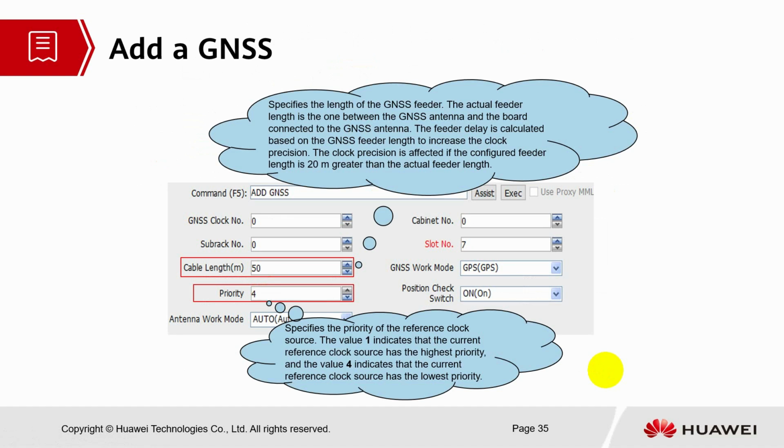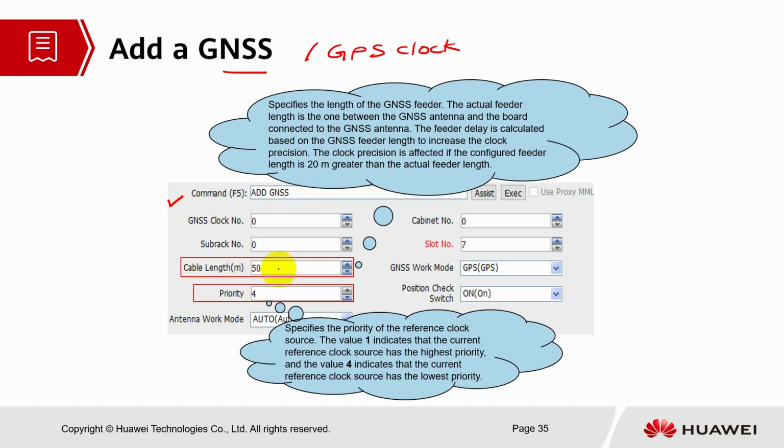Let's look into the types of external clock that can be configured in a base station. One of them is GNSS, well known as the GPS clock system. This is the best clock mode and it has the most precise time sequence. So we have the configuration here. If the operator is using a GPS clock system, they have to configure this command.